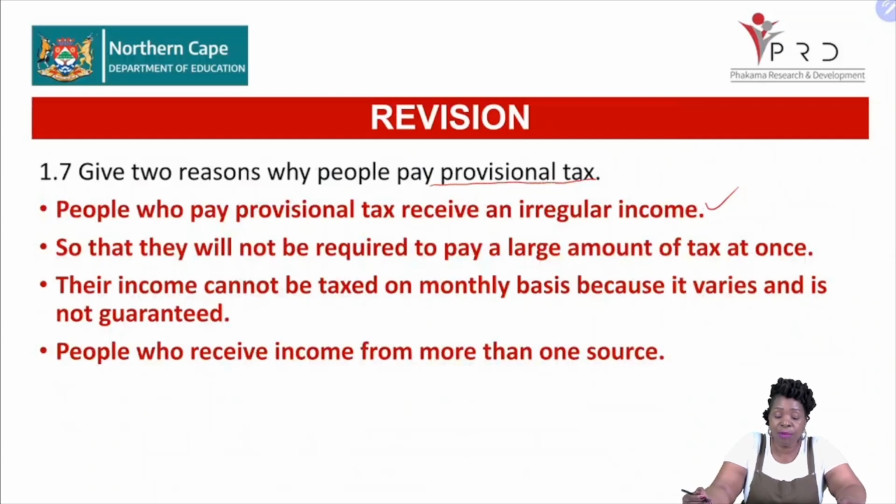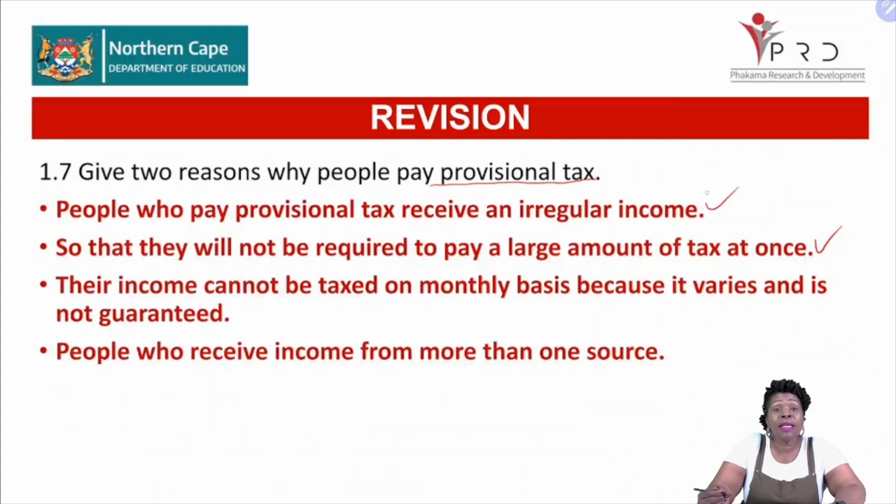So these are the people that pay provisional tax, right? So that they will not be required to pay a large tax at once, because their harvesting season comes maybe once or twice a year. That's why they pay provisional tax.